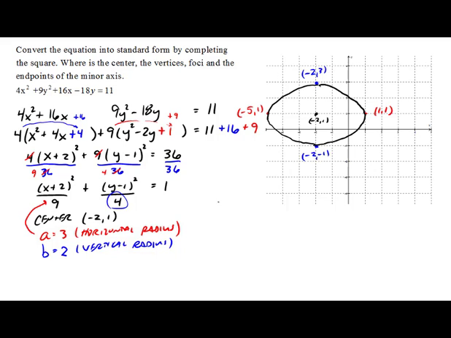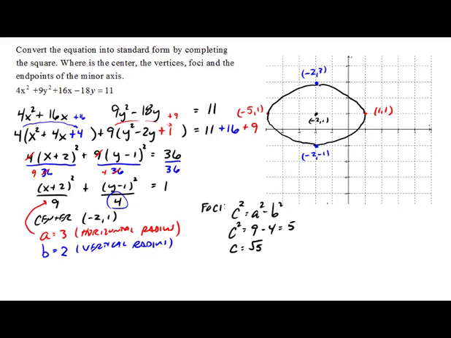Now the foci, when you use the c, I know that c squared is equal to a squared minus b squared. So in this case, c squared is equal to 9 minus 4, or equal to 5. So c is equal to the square root of 5. So the foci lie on the major axis.